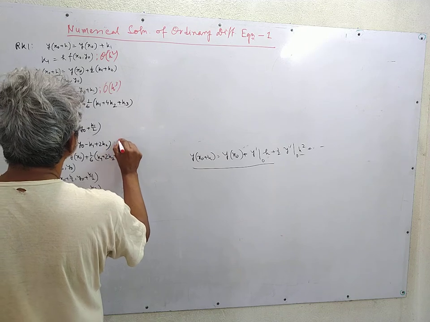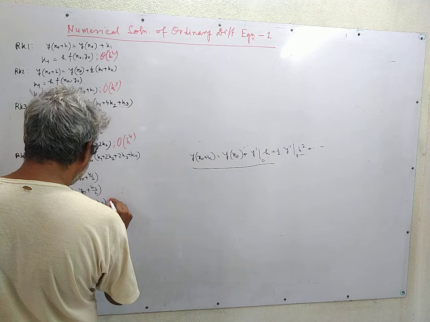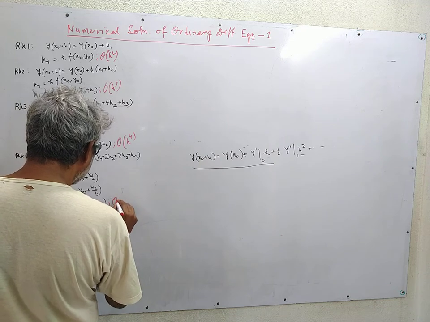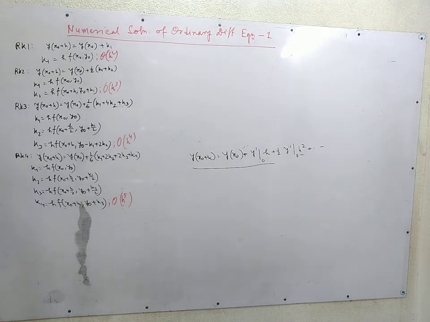In the next method the error involved is h to the power 4, and finally the error involved here is h to the power 5. So if we make the value of h very small, then the error involved in the evaluation of the function gradually decreases as the order of the Runge-Kutta method increases.